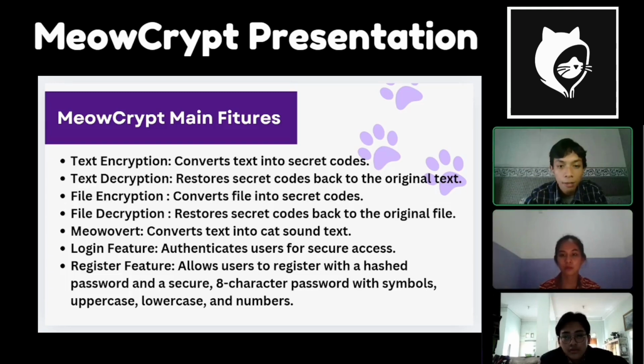We are using Fernet for this too, and there are file encryption and decryption. We are using Fernet to convert any file to a secret encrypted file, and we could convert it back by decrypting it. And there is MeowVert, which converts text into cat sound text like meow, nya, and etc.